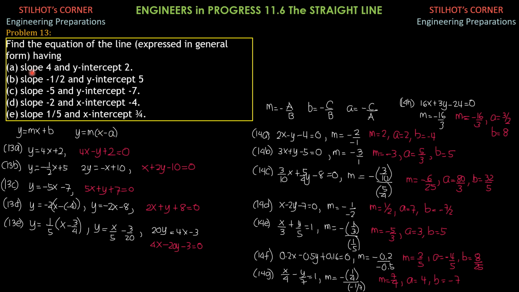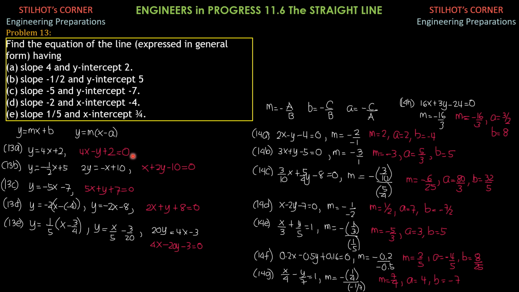So for a, slope is 4, so y equals 4x plus y-intercept 2. Then expressing it in general form, 4x minus y plus 2 equals 0.